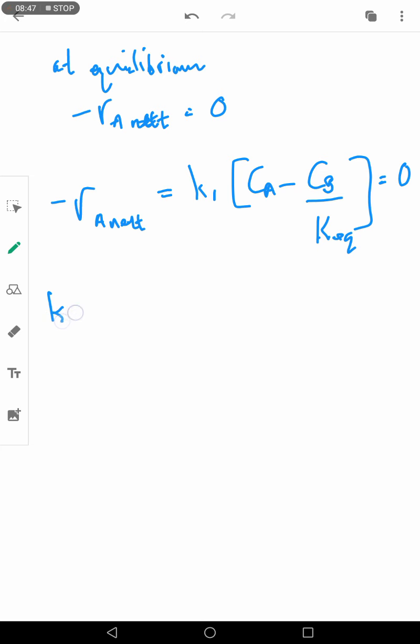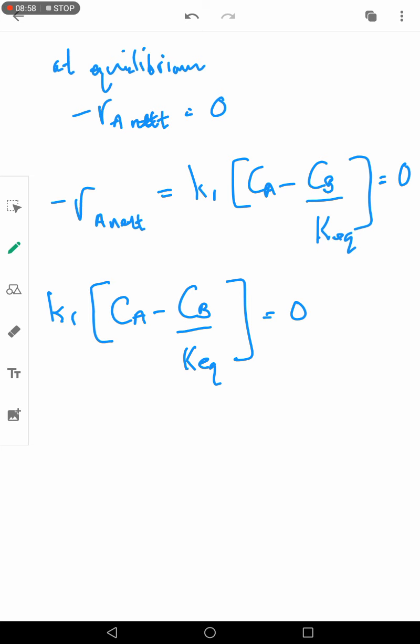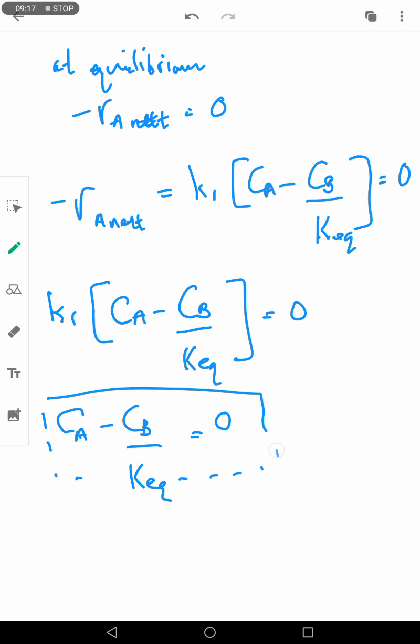Okay, bermakna juga kalau kita tengok balik equation ni, so CA minus CB over K equilibrium is equals to 0. So when you rearrange this equation, you akan dapat K equilibrium bersamaan dengan CB over CA actually.